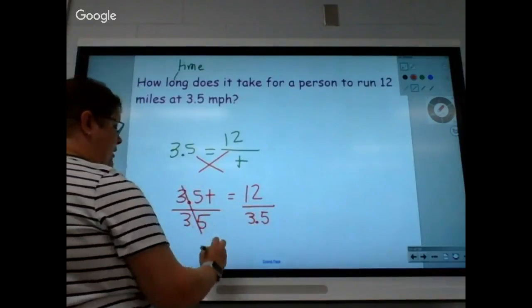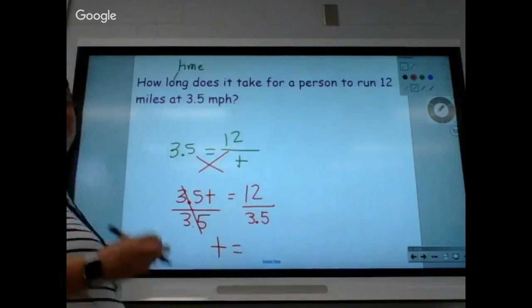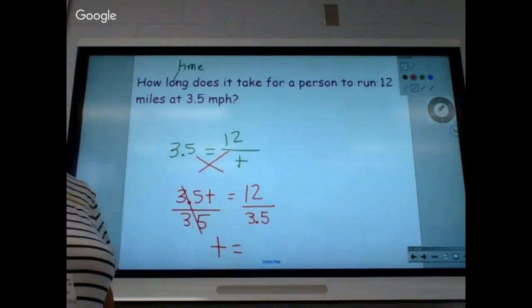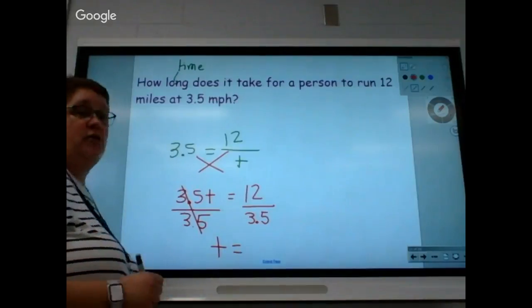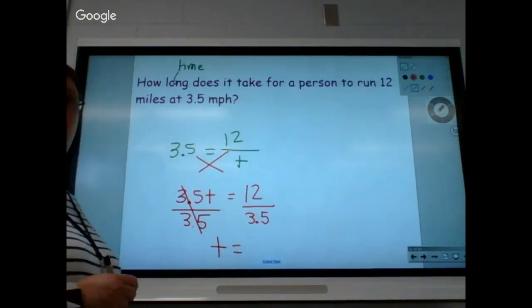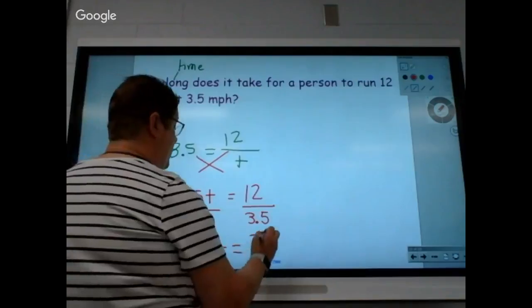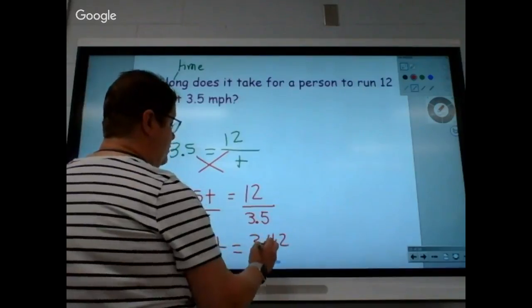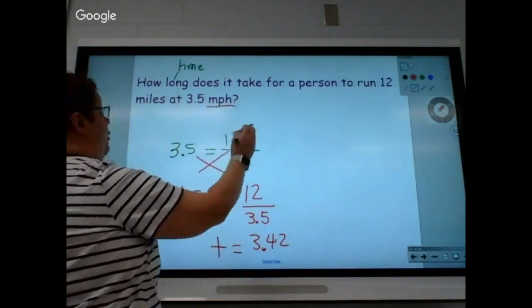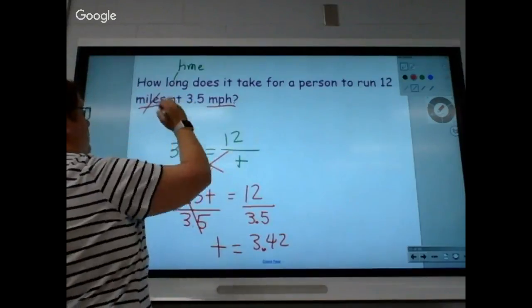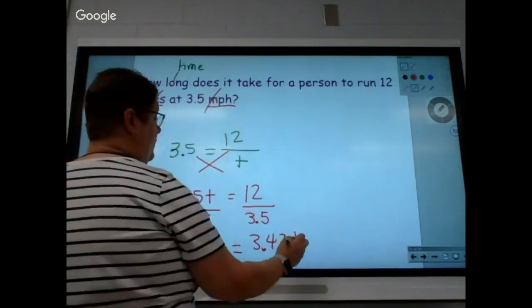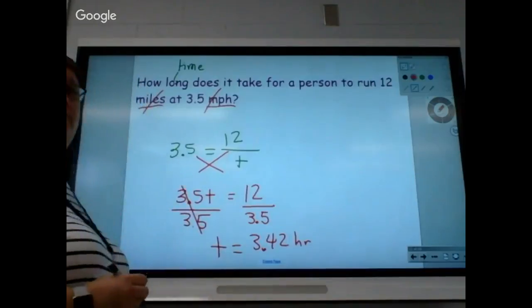That's how we get t by itself. That's how you made the leap. You did all that in your head. Now, 12 divided by 3.5 is what? 3.42? Yeah. When I look at my units, miles per hour and miles, we're left with hours. Hours. 3.42 hours. All right, questions.